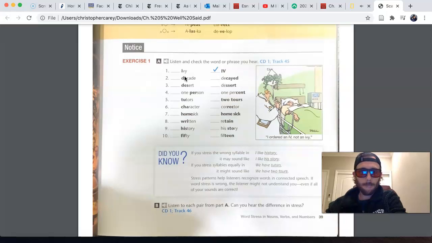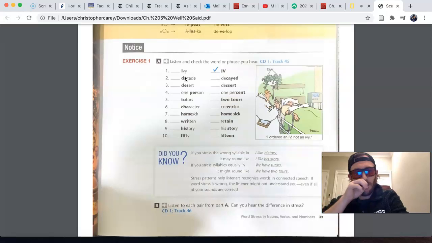Corrector. 7. Homesick. 8. Written. 9. His story. 10. 50.